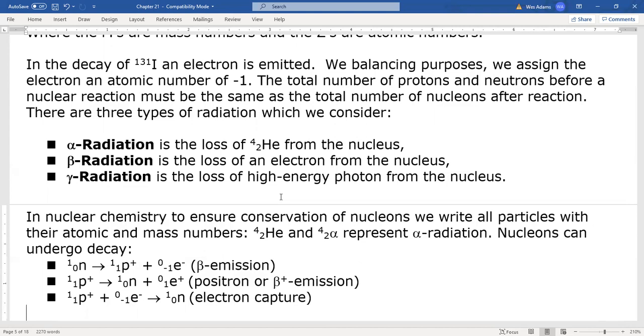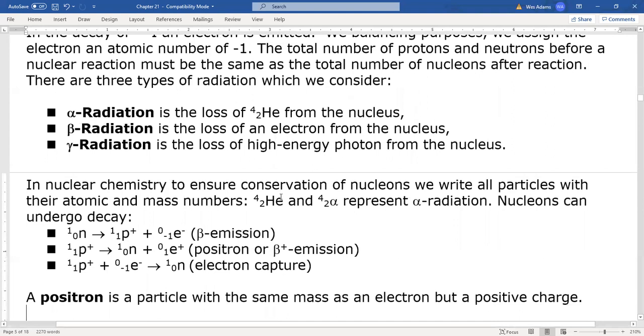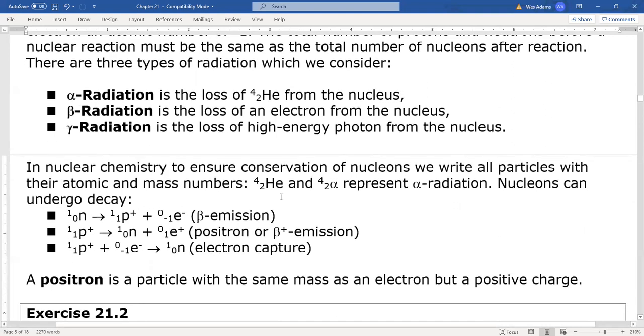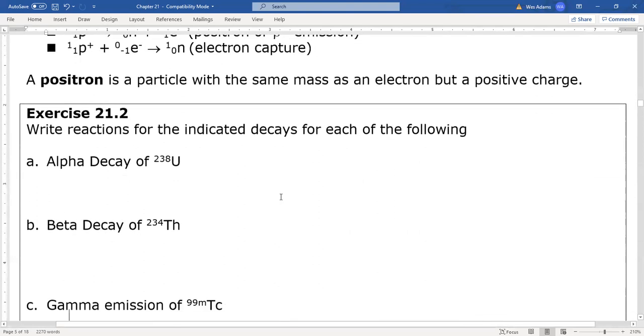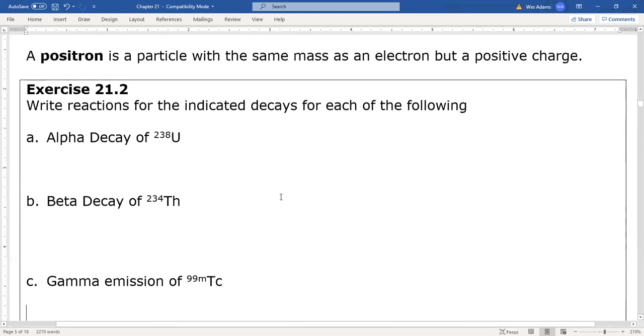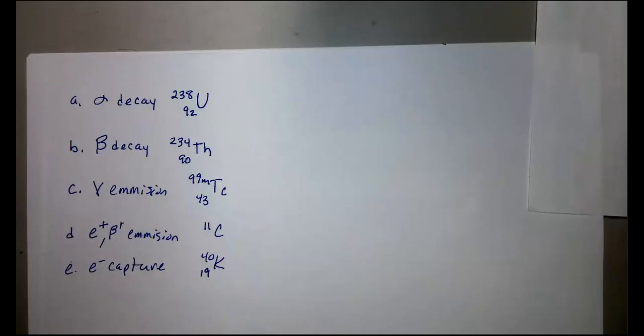But one's going to give you more protons if you get too many neutrons, and the other one will give you more neutrons if you have too many protons. But a positron is a particle that's the same mass as an electron, but it carries a positive charge instead of a negative charge. We're going to look at several different radioactive decays, and I've copied them all onto paper for purposes of working through them.